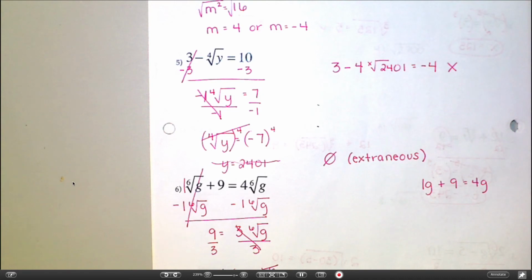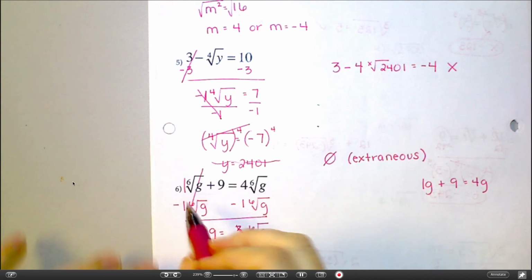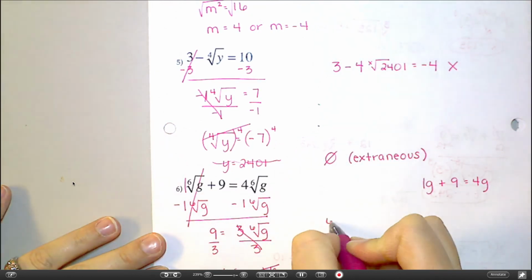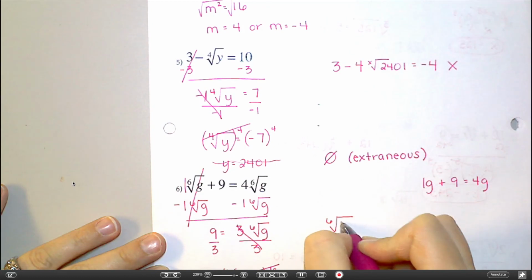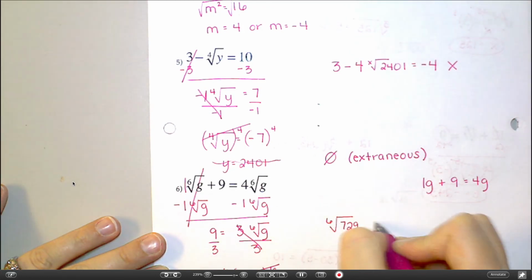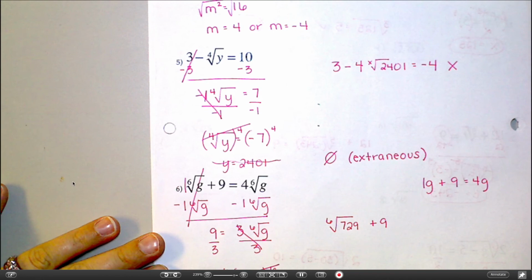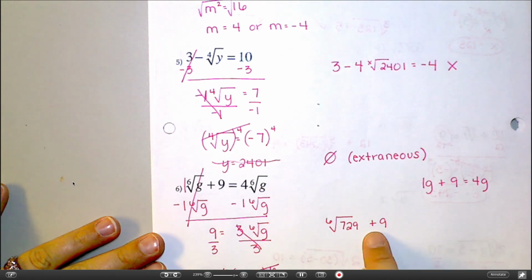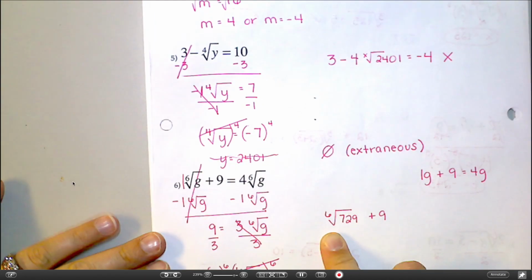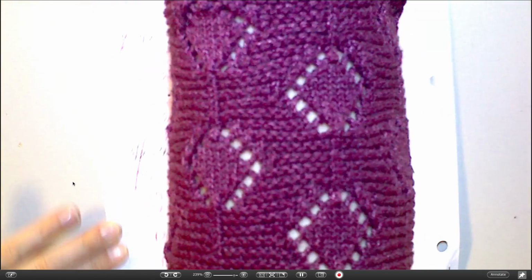And now to check our answer, because you've got variables on both sides of your original equation, I would do them sort of separately. So first I'm going to do the 6th root of 729 plus 9 on the outside of that radical. So make sure you're not typing that plus 9 underneath the radical. Okay?